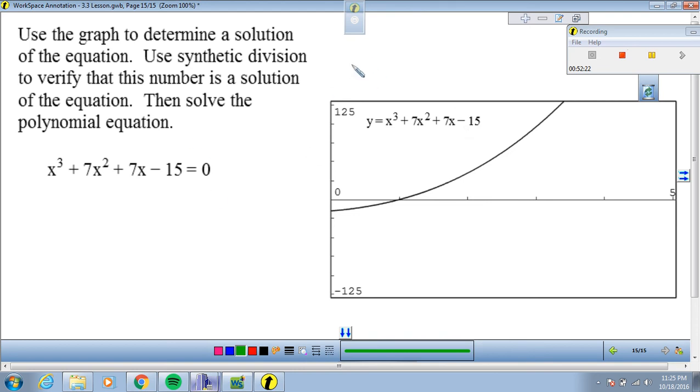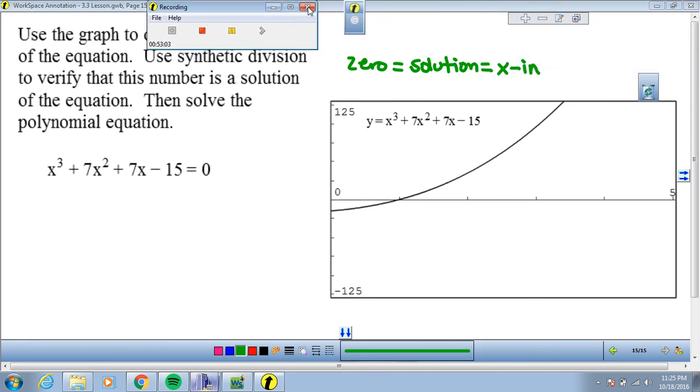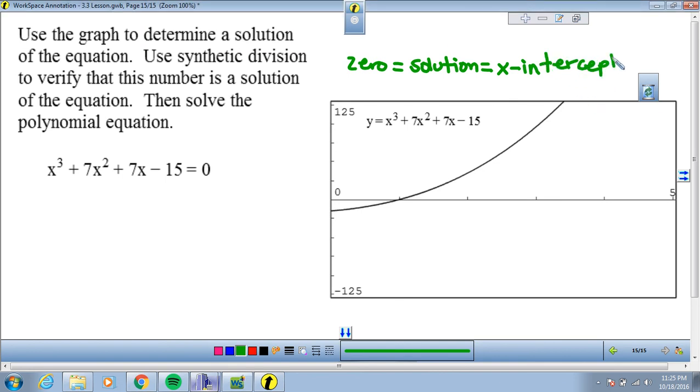I just told you that a zero is the same thing as a solution, the same thing as an x-intercept. So this is an x-intercept on this curve, on this piece of the polynomial. Maybe it's not the entire polynomial, they're just showing us a piece of it. This is one of the solutions.